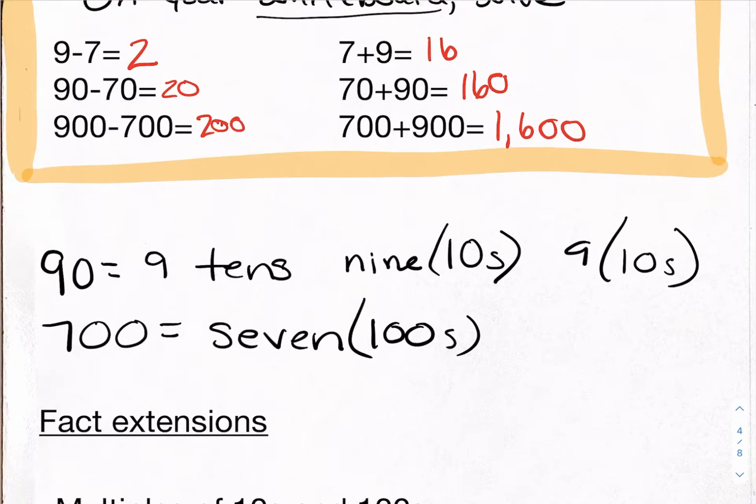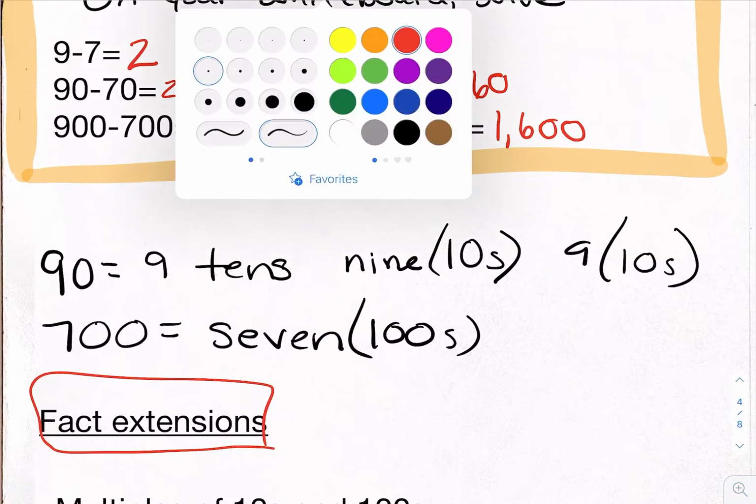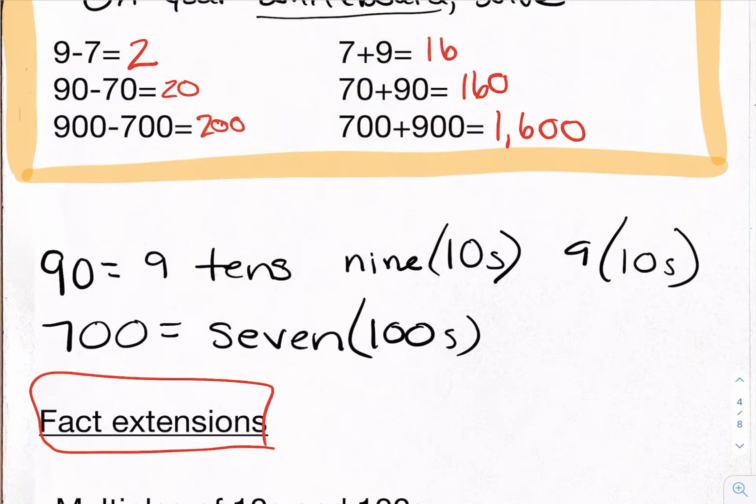And also looking at these things, these are all fact extensions of a basic fact. So our basic fact in the orange box would be the first problem, and you see how the other ones are all extensions of that.